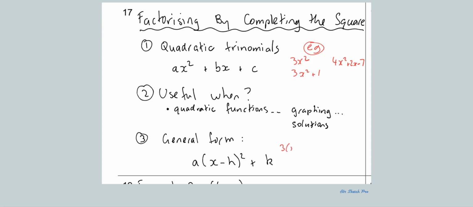So after completing the square, it might look like this, or it might just look like this, and technically it could even look like this, although that's just a square, isn't it, really? But still technically it could be done.